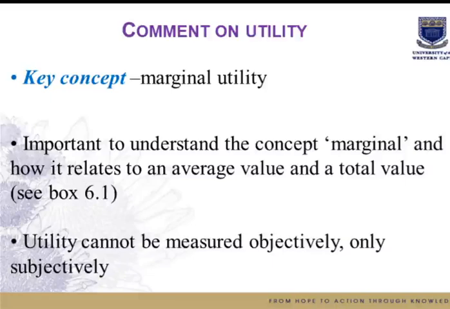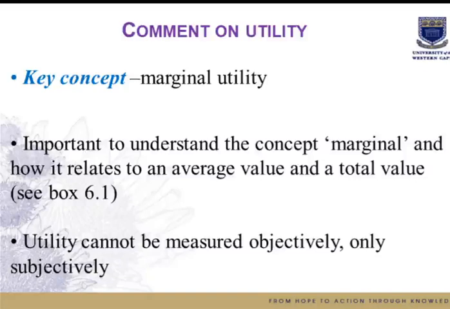Up to now, we have analyzed consumer decisions using the utility approach, which is based on the notion of cardinal utility. Furthermore, we have explained the derivation of the downward sloping demand curve. The most important key concept we have learned is the concept of marginal utility. You need to understand this concept, as well as how marginal, average, and total values are related.